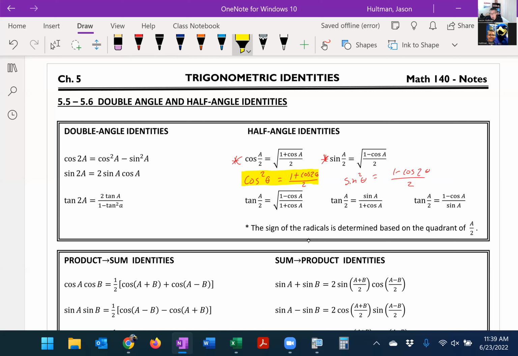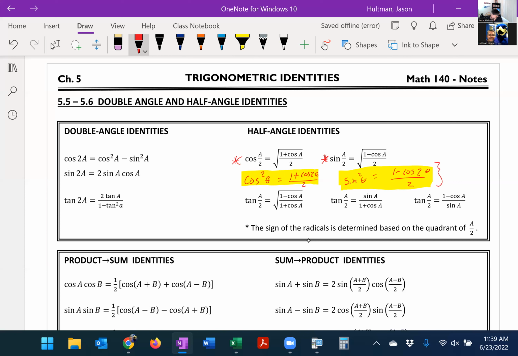And these are the half angle identities, but we call them something a little bit different. We call them power reducing formulas, because what this does is it takes something that's squared and turns it into something that's linear, which is extremely useful in calculus when we don't want to deal with something that's squared. We would just want to turn it into something that's linear.